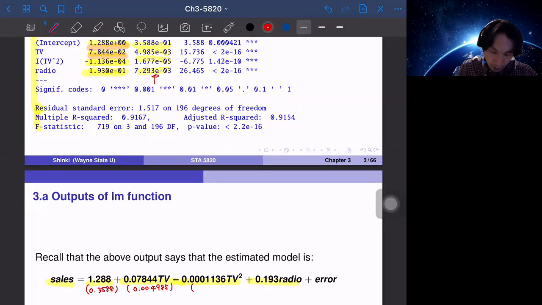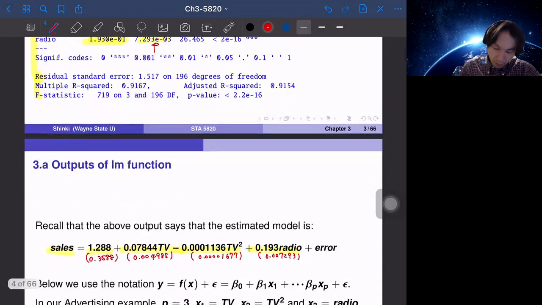And here the standard deviation is even one digit smaller, 0.0000167. And here standard deviation is very small, 0.007293. Yeah. So if we think about the standard deviation, actually these numbers are significantly different from 0.